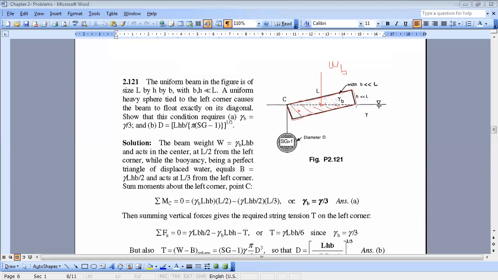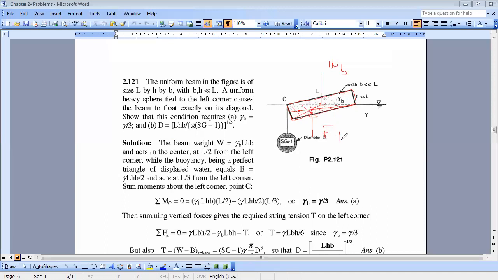If I take two medians, the intersection of these medians will give me the location of the centroid. So it's nearly here. And another way to find it, we know that it should be at 1/3 of the height from this level. So this is the buoyancy force point of application. So this is F buoyancy.